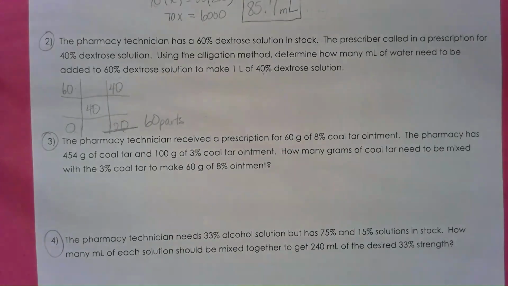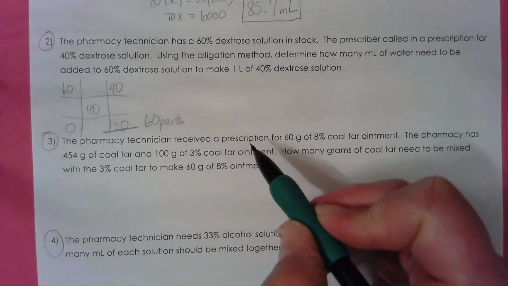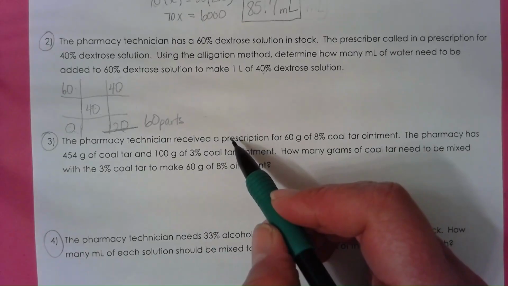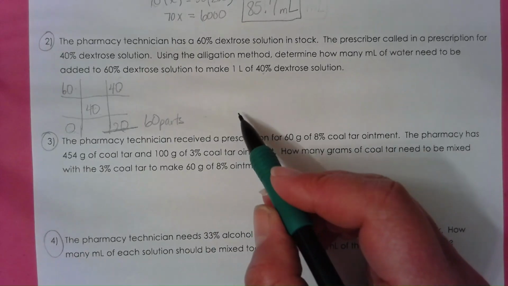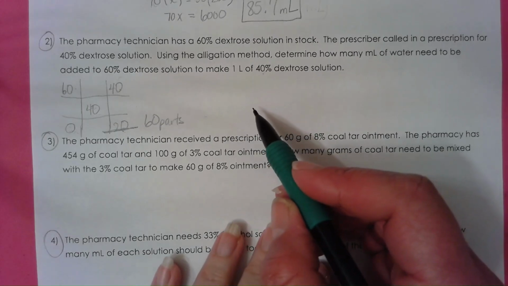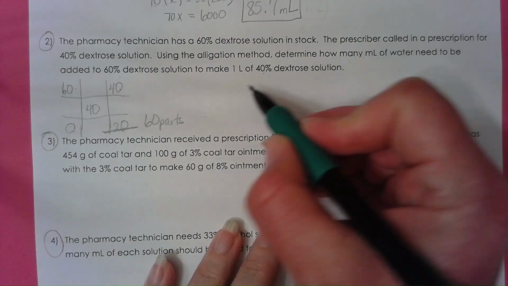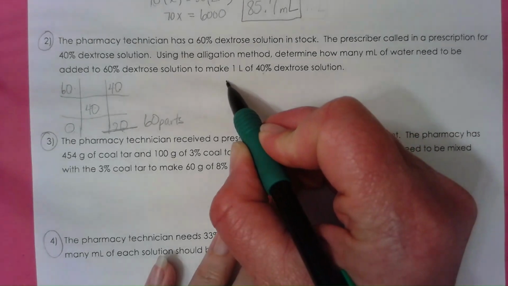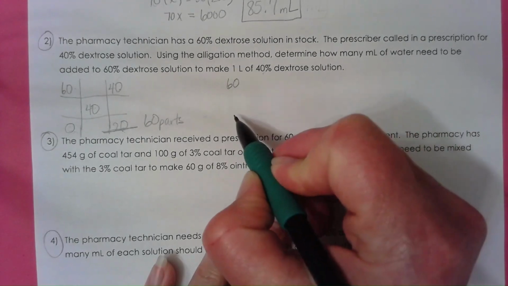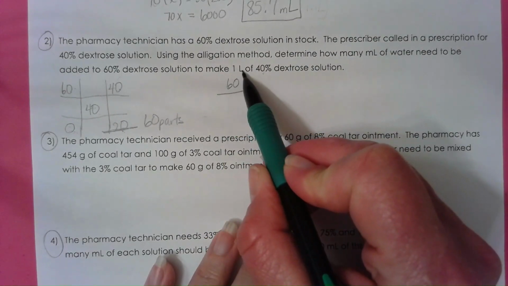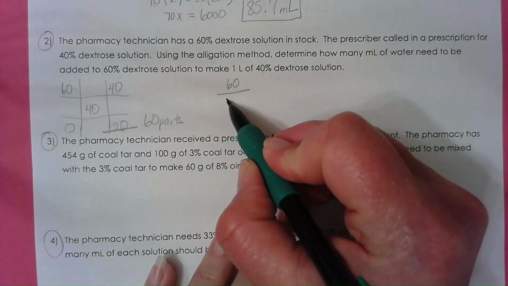Okay. So now I'm going to take a formula basically, and I'll put this formula on the cheat sheet that I'll get you soon. But for right now, what you're going to do is put total parts, 60, over total milliliters, which is 1 liter or 1,000 milliliters.